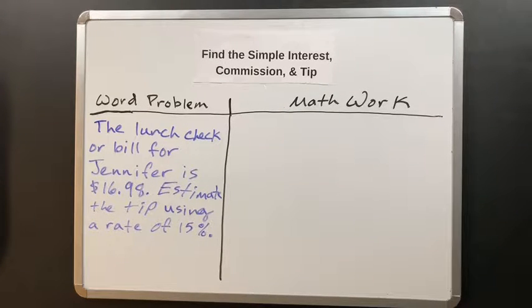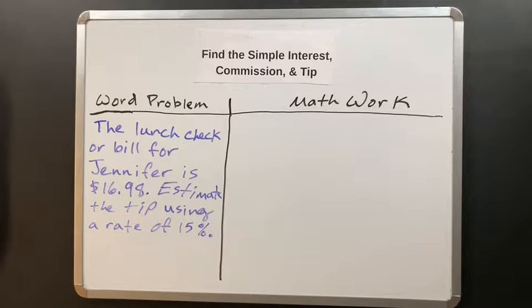Okay, so in this tip problem, it says the lunch check or the bill for Jennifer is $16.98. Estimate the tip using a rate of 15%. So let's underline some key information in this problem, okay?